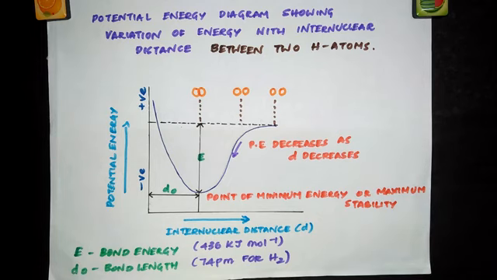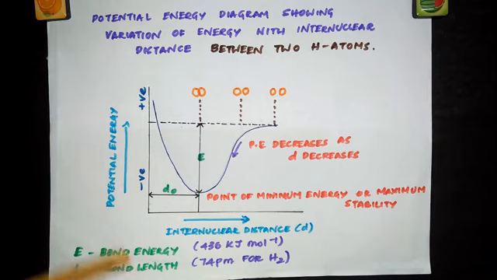The lesser the amount of energy liberated, the weaker will be the bond formed, and the larger the amount of energy liberated during the bond formation, the stronger will be the bond. So you can define bond energy as the energy required to break 1 mole of bonds of the same kind, known as bond energy or bond dissociation energy.